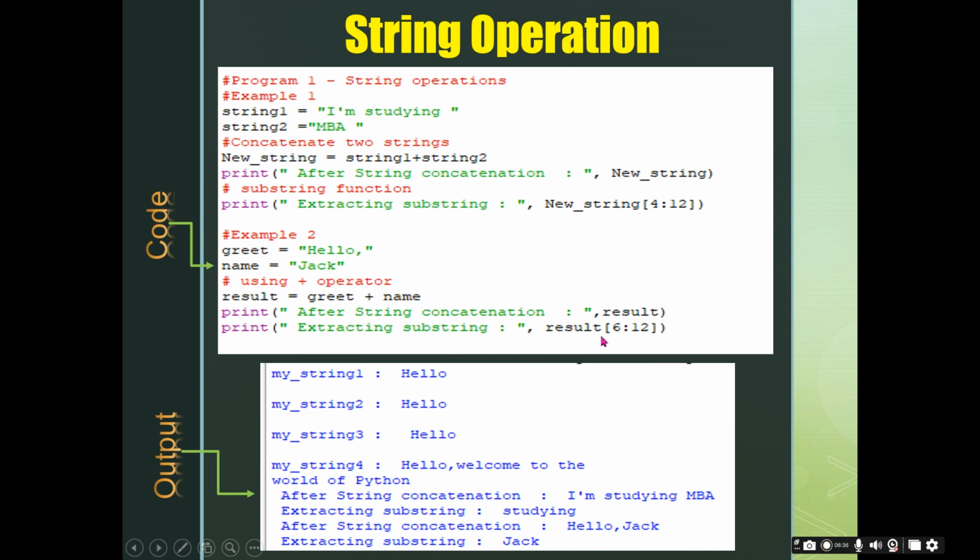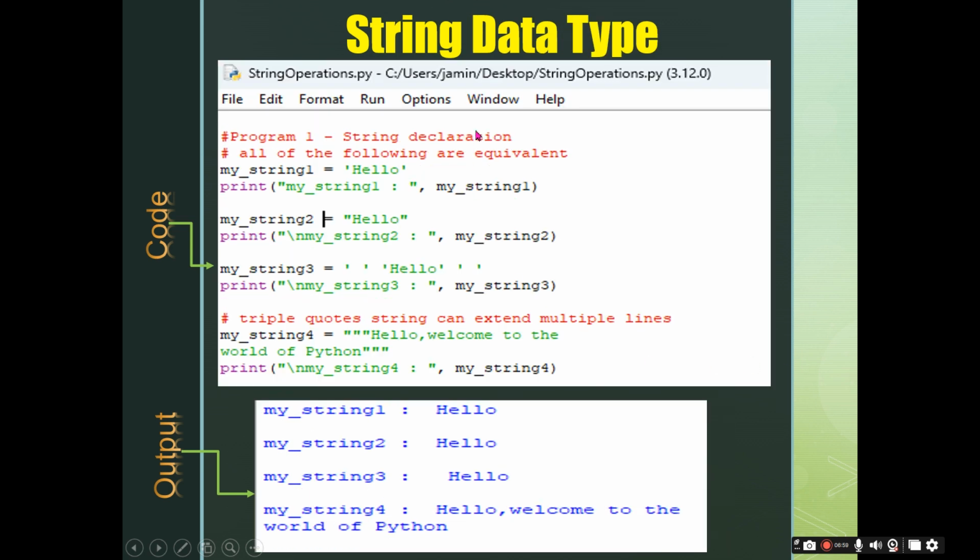I am going to extract the substring using the location. Result of 0 is H, result of 1 is E, then result of 2, 3, 4, 5. J starts from result of 6. So result of 6:12 gives Jack, and the substring Jack is extracted.